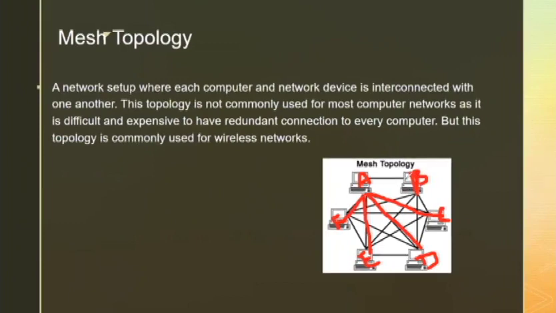B also has a separate connection with A, with F, with E, with D. So that means each and every computer connects with each and every computer separately. So that is the mesh topology.